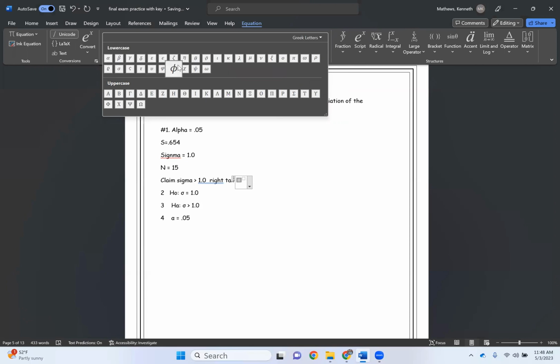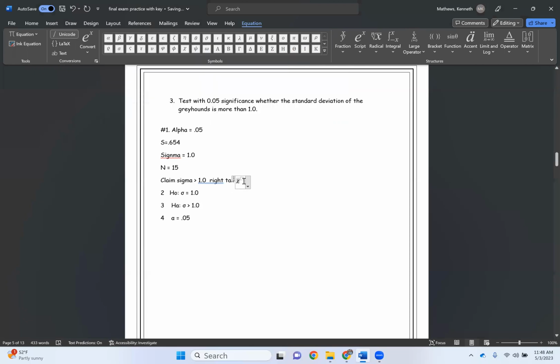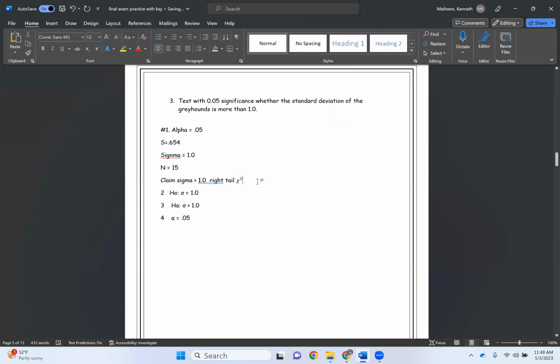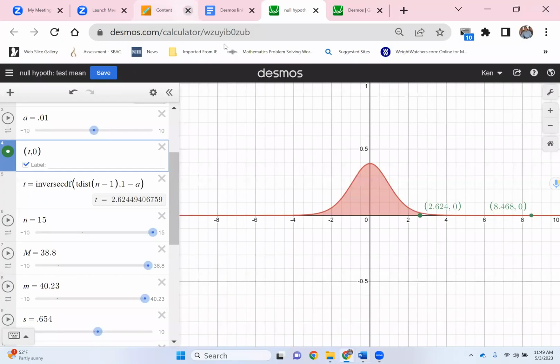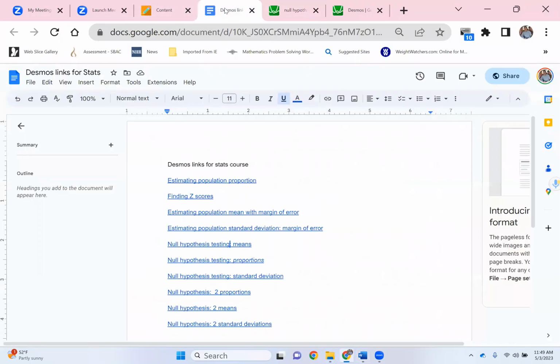Come on, chi, oh, there it is. Chi. So it's a right-tail chi-square test. Okay, so now we need to find our correct distribution. So we go to our Desmos list.